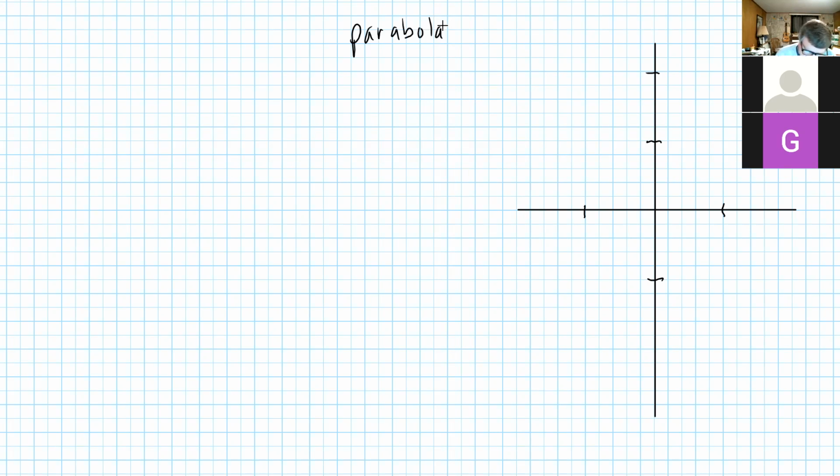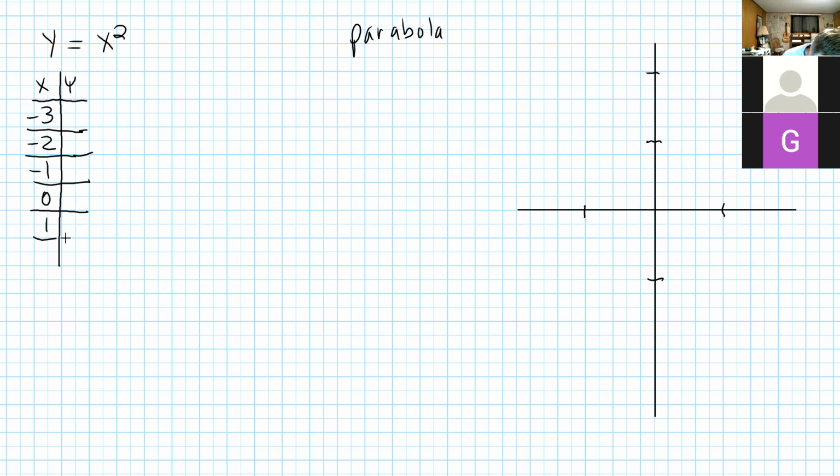Let's start off with a very basic one, which is y equals x squared. Now, whenever I'm graphing something that I don't really know much about, I always start by graphing using x going from -3 to +3. So that's what I'm going to do here.